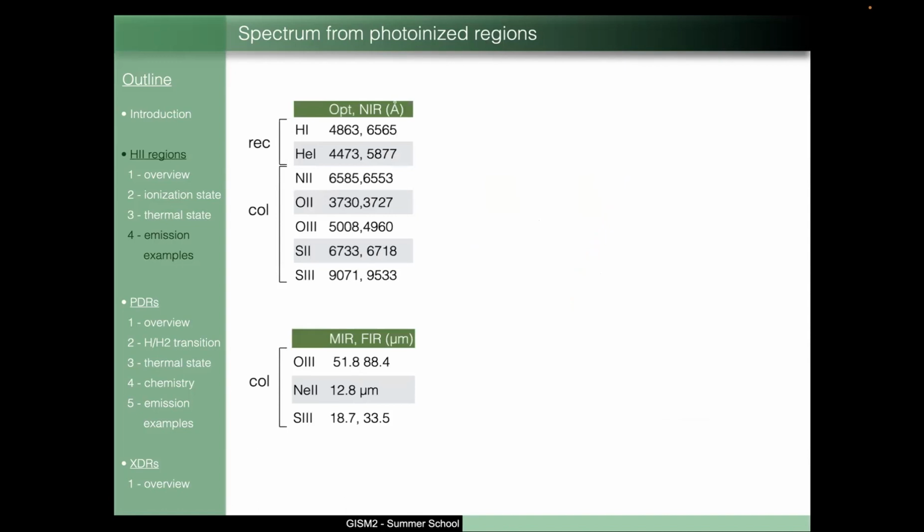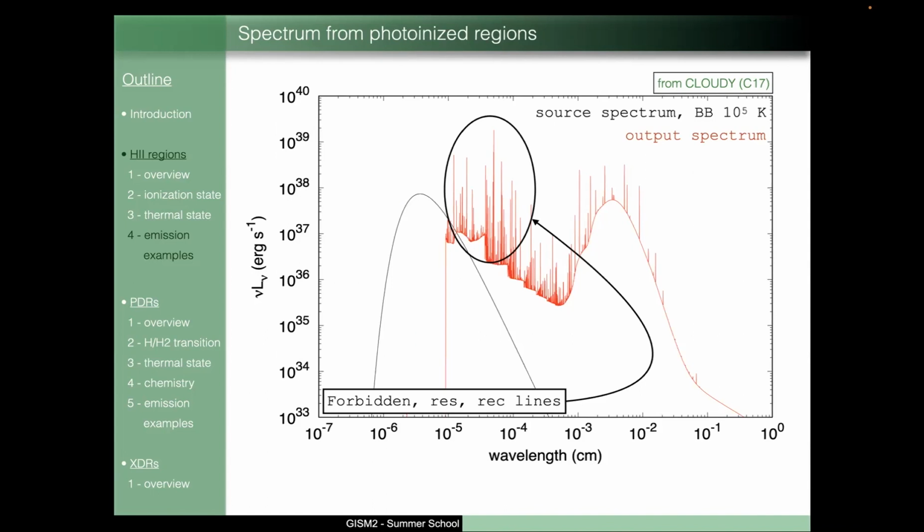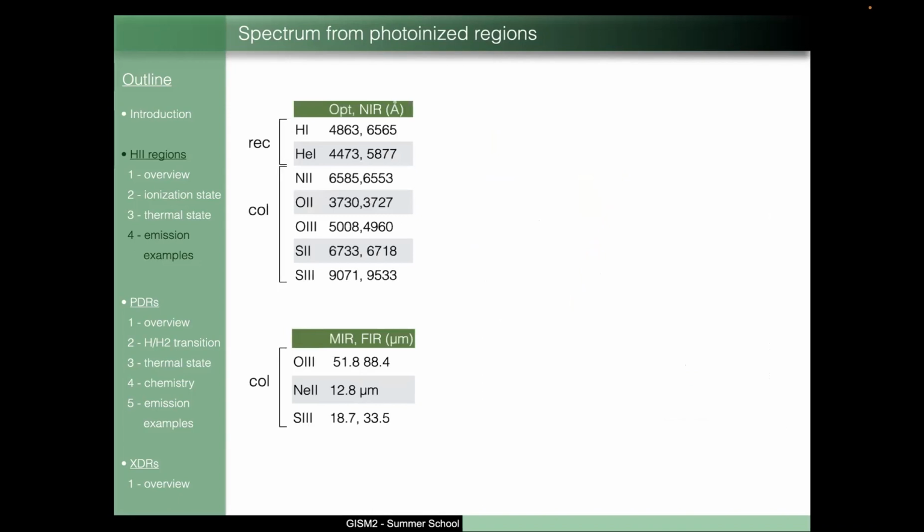Something that I forgot to say: obviously I'm not going to describe all these features. What I want to give you is an idea of the main emission lines or processes that you can have at different wavelengths.